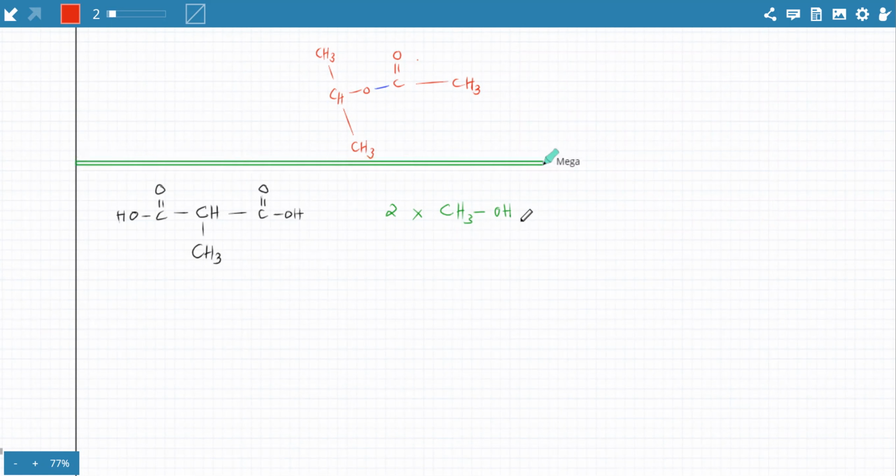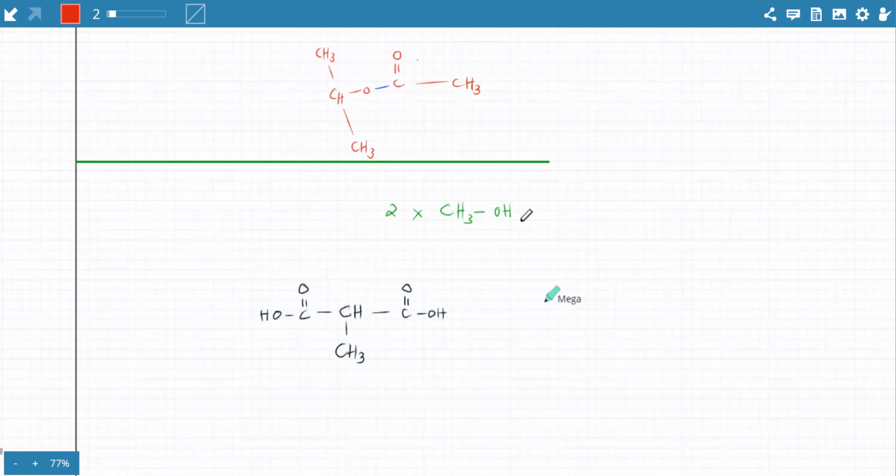ये क्या करेंगे कि आपके पास इसको उठा के बीच में रखो। एक मेथनॉल का जो मॉलिक्यूल होगा ना वो इस साइड पे, उसको उल्टा करके ड्रॉ करना होगा। वो दे शुड बी फेसिंग ईच अदर। That's one methanol molecule.